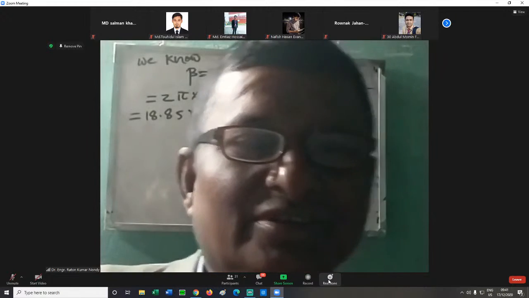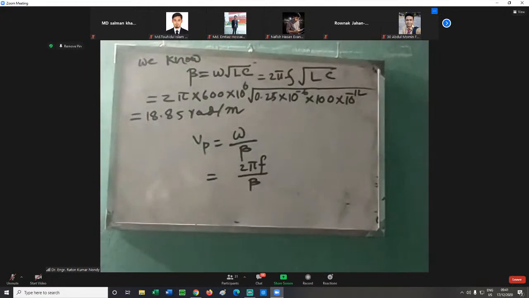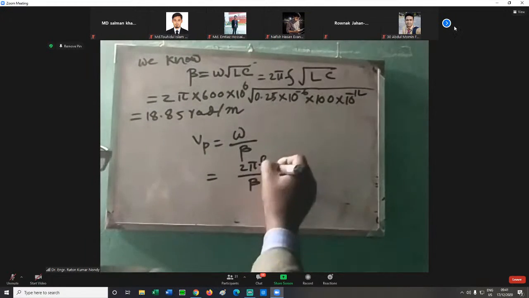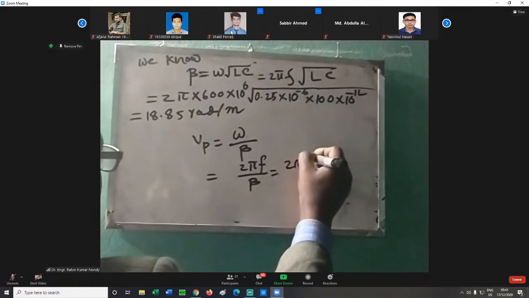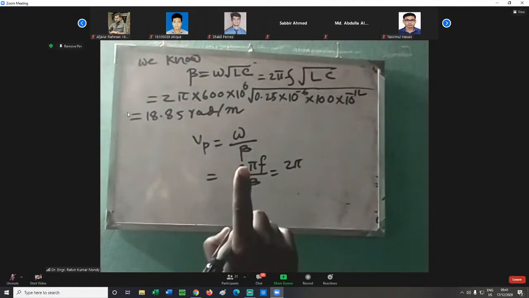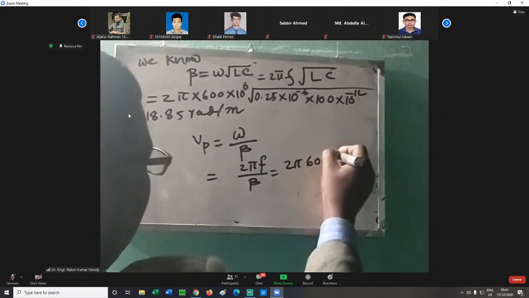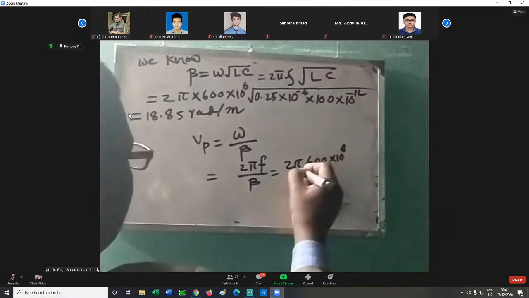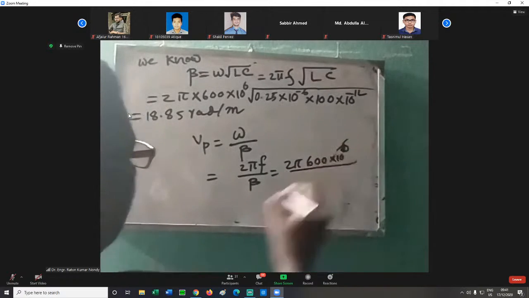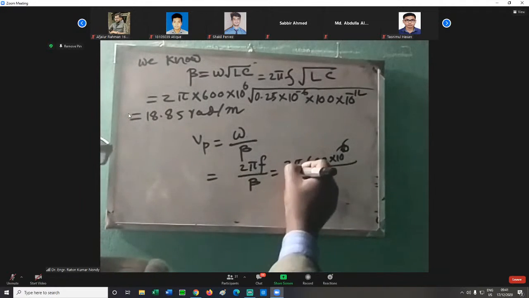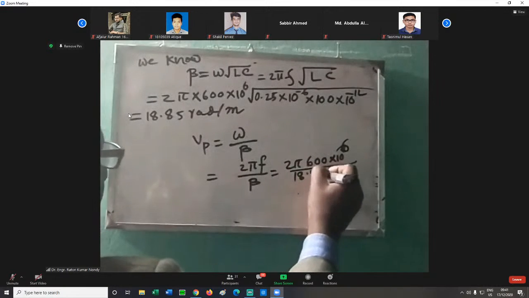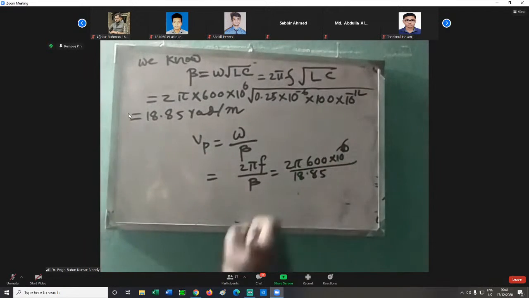So what will the phase velocity be? What is omega? Twice pi f. F is given as 600, so 600 into 10 to the power 6 divided by beta 18.85. What is coming?